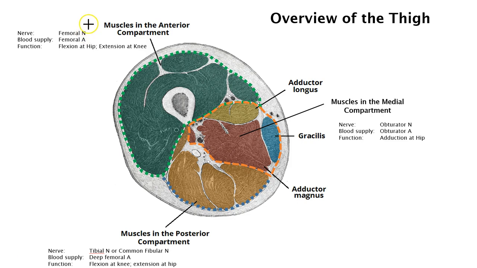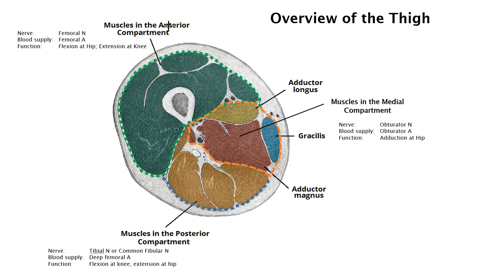Here we see the anterior compartment is innervated by the femoral nerve. Its primary blood supply is the femoral artery, and its primary functions are, if the muscles cross the hip, to flex the hip, and for the muscles that cross the knee, to extend the knee.